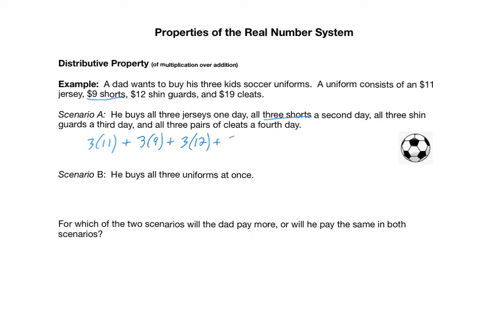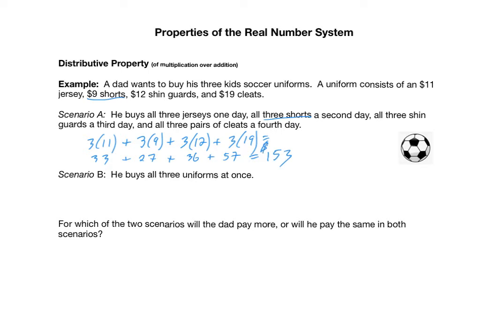And then on the fourth day, he's going to have to buy 3 cleats, each at $19 a piece. So the first day he pays $33, the second day he pays $27, the third day he pays $36, and the fourth day he spends $57 for a total of $153.